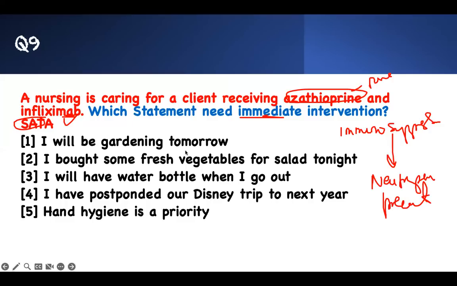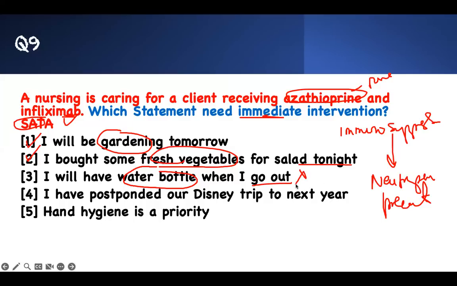I will be gardening tomorrow, negative. You can't garden, so you need intervention. I bought some fresh vegetables for salad tonight. You can't have fresh vegetables. That's bad. I will have a water bottle when I go out. Yes, they're not drinking from a water fountain, so this is good. That does not need intervention.